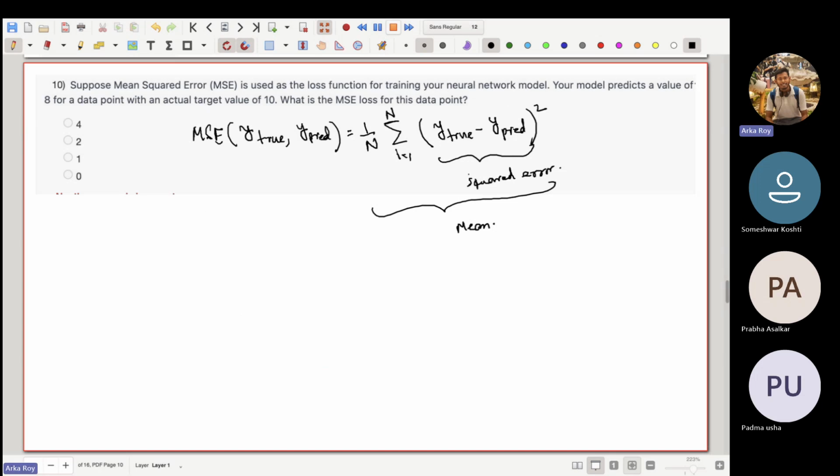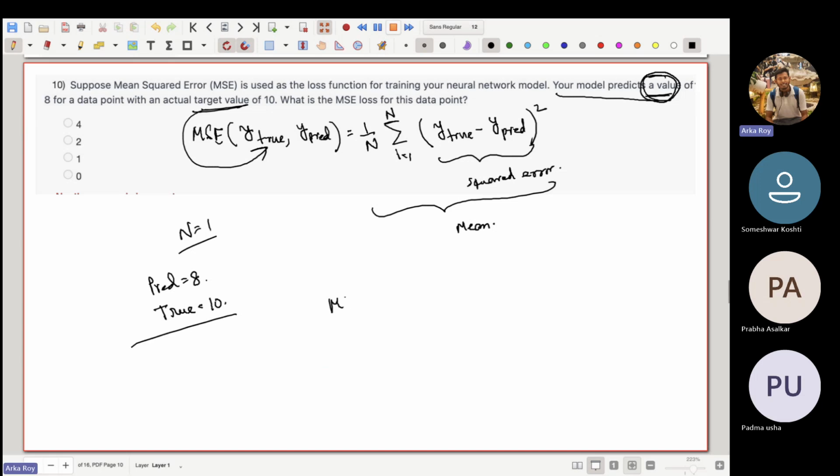Okay. In this particular question, they have stated that a model predicts a single value. So that means your n is 1. The predicted value, pred, is equal to 8, and the target value, which refers to the true value, is 10.